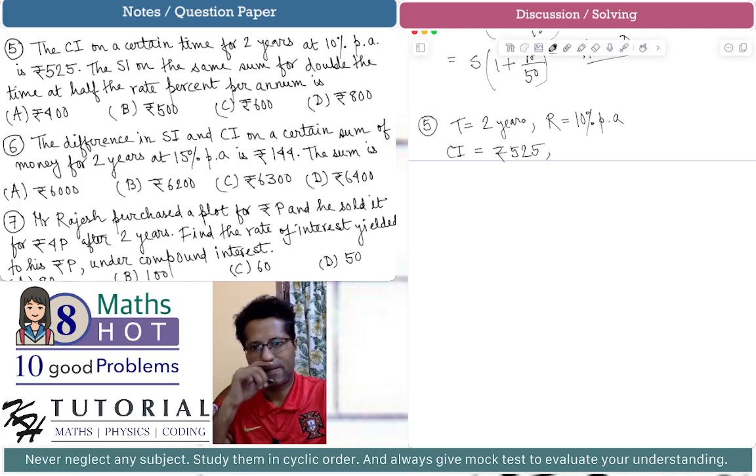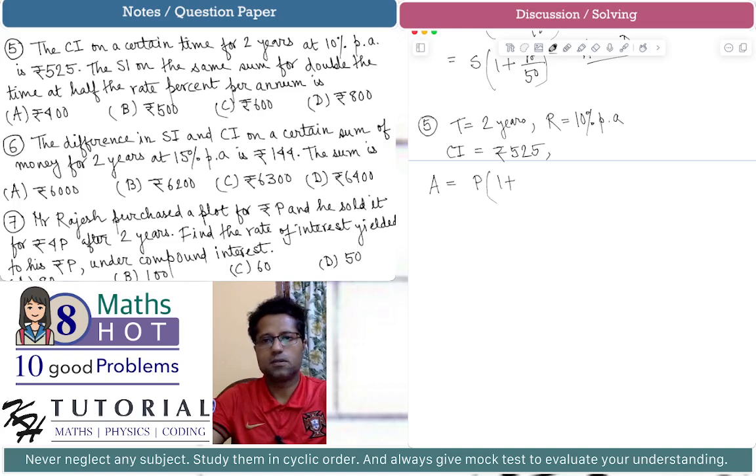Now, we know from the compound interest calculation the formula for the amount is A equal to P into 1 plus. Nothing is said about whether it is compounded annually, half yearly or quarterly. So, by assumption, if nothing is given, we should always assume it is compounded annually.